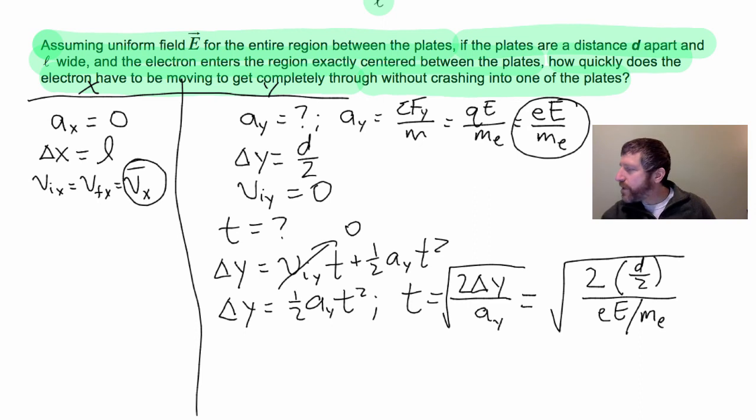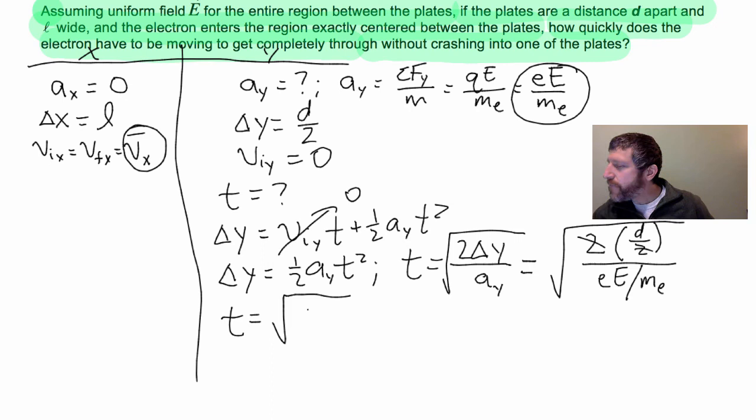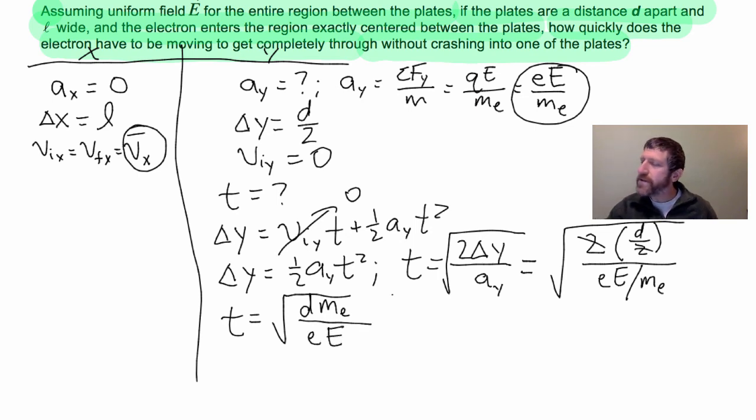So that gives me, quite simply, that the time is equal to the square root of, cancel, d times the mass of the electron over little e, charge of the electron, times electric field strength, E. That's the time.